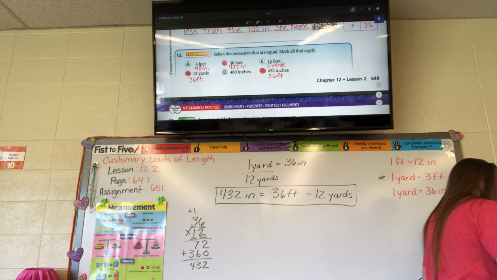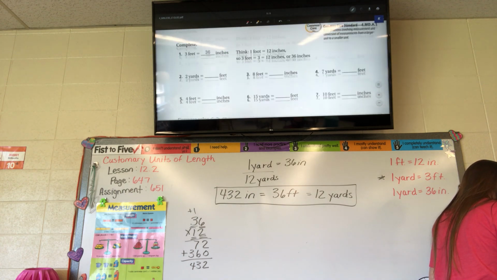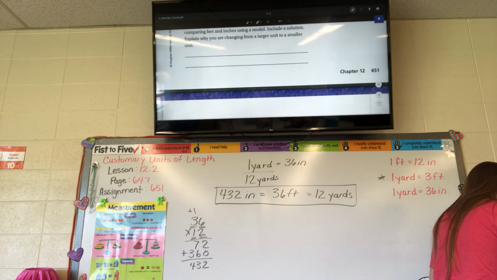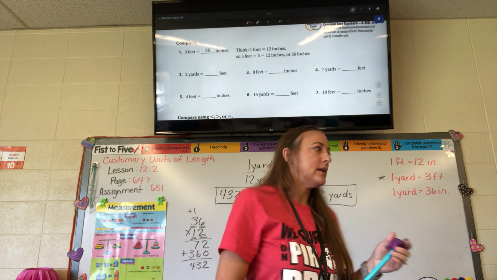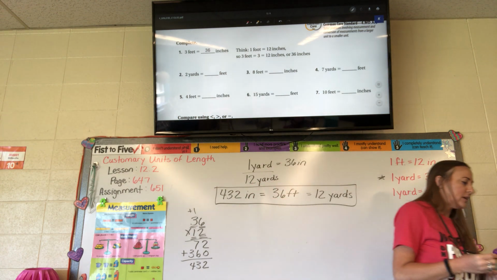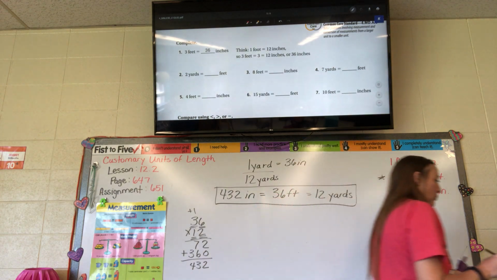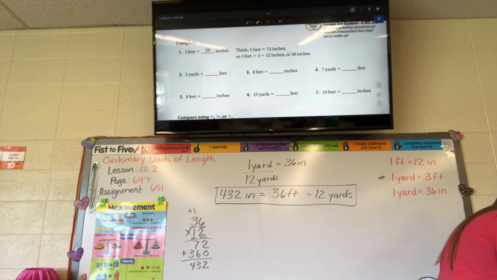Your assignment, let's look at it really quick, is on page 651. To help you out a little bit, I think I will set up the conversions for you above. So, yard and feet on number 2. 1 yard equals 3 feet. 1 foot equals 12 inches. 1 yard equals 3 feet.